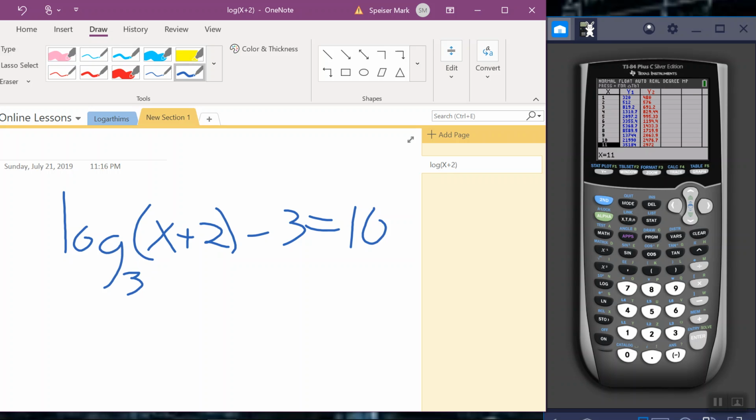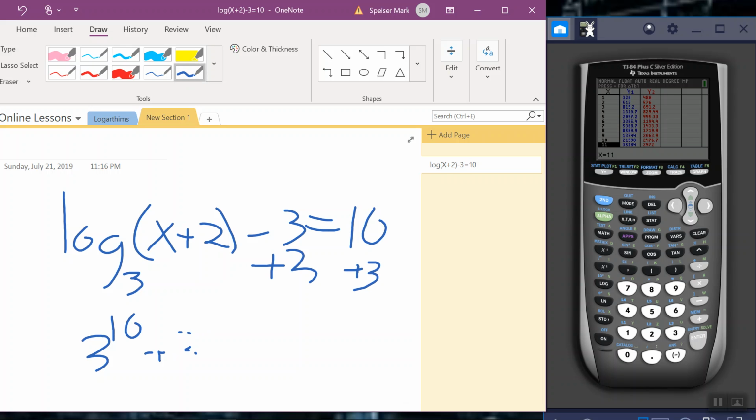You can rewrite this using 3 to the power after you add 3 on both sides. Don't forget to do that first, because you want the log by itself. So we have the 13th power instead of the 10th power. So 3 to the 13th power equals x plus 2.